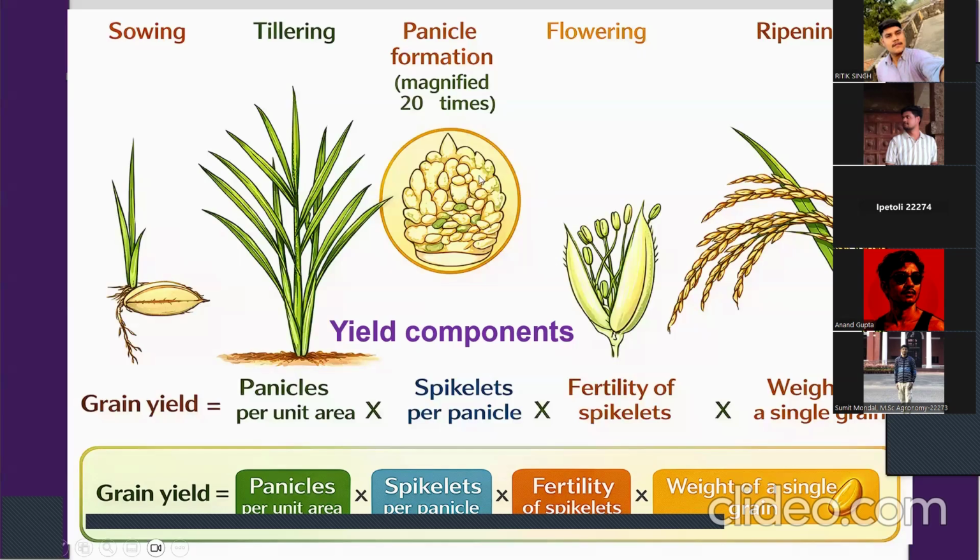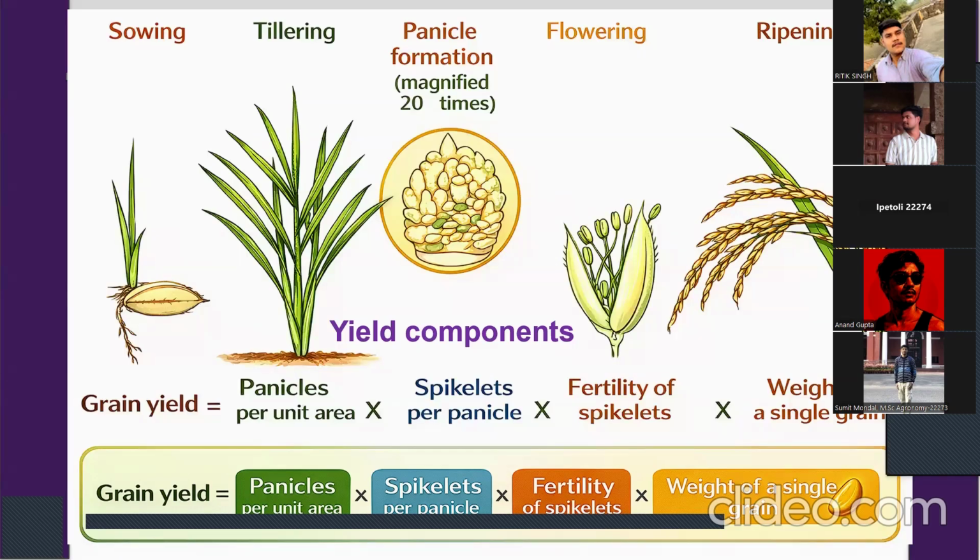If the temperature is not optimum at this stage, then spikelet development will be adversely affected. We need an optimum number of spikelets, not too few, not too many. So the spikelet number is important.